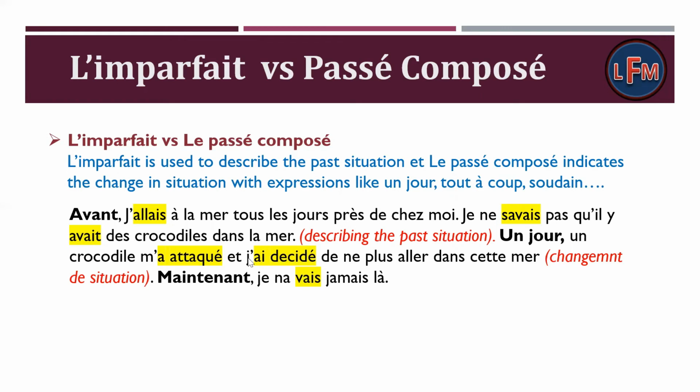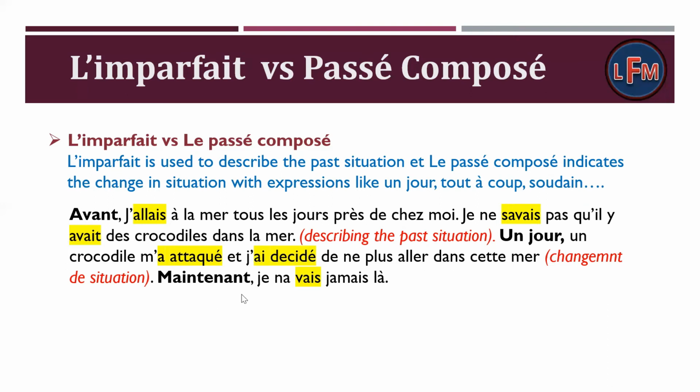So we use here passé composé. As I said, to describe the past situation, we use l'imparfait and we use passé composé when there is a change in situation with expressions like un jour.